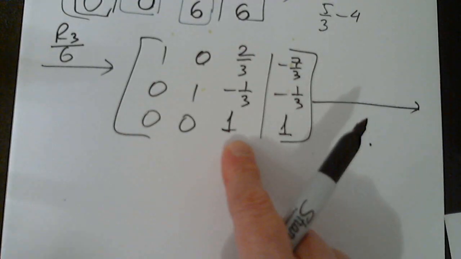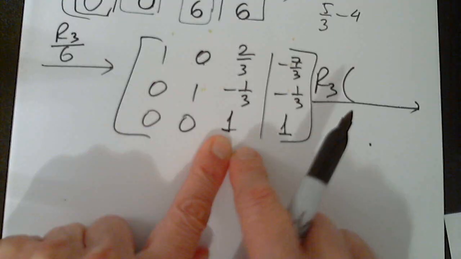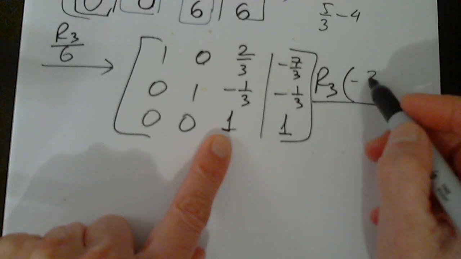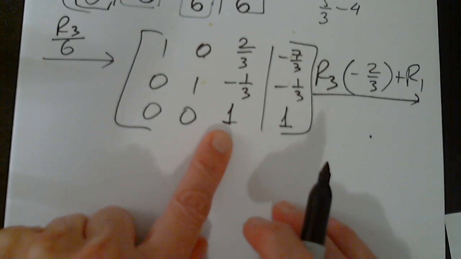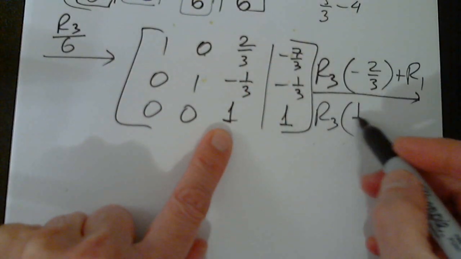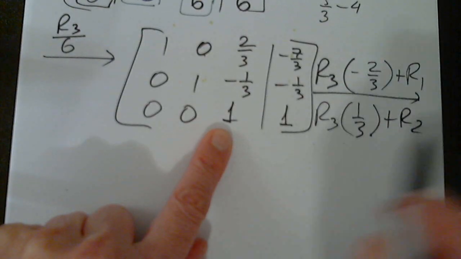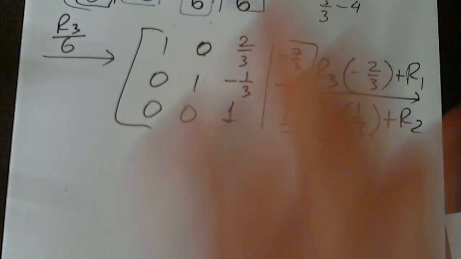Of course, I have to use now row 3. Multiply it by negative 2/3 and add it to row 1. Also row 3, multiply it by 1/3 and add it to row 2. So I can eliminate both and get 0, 0, and 0.